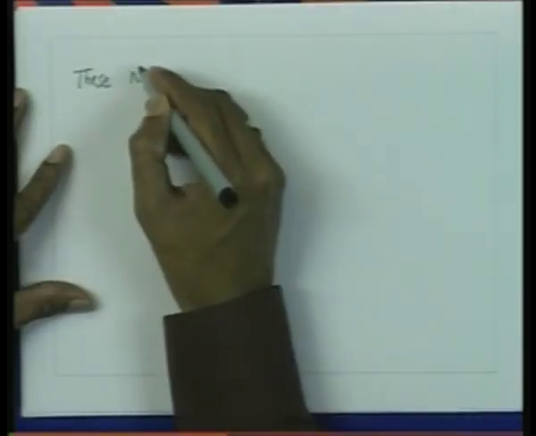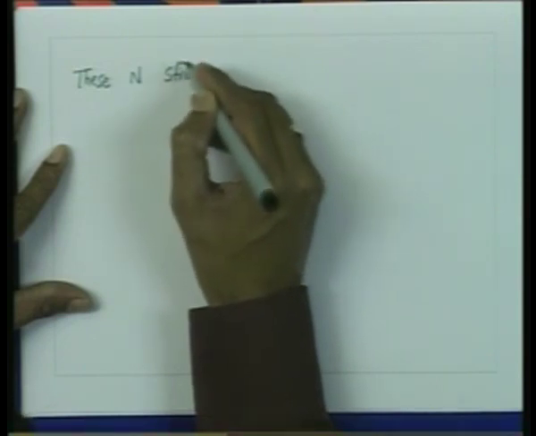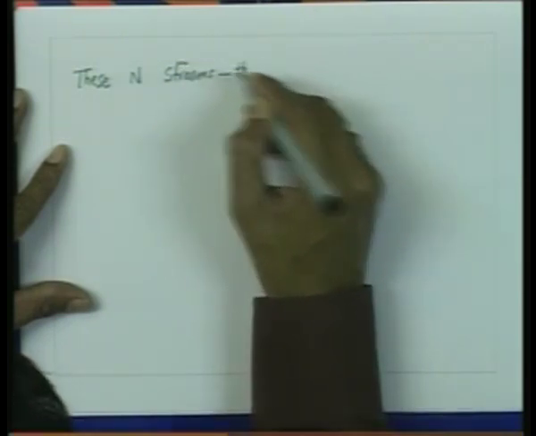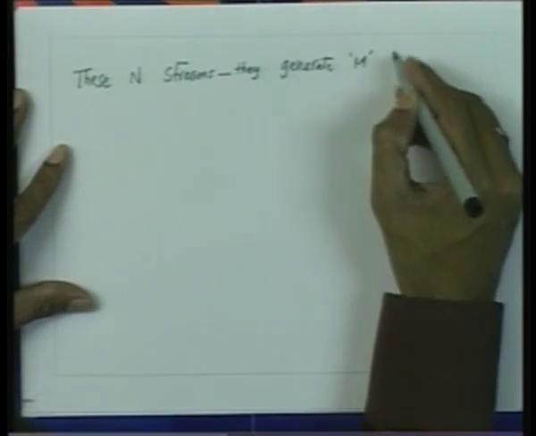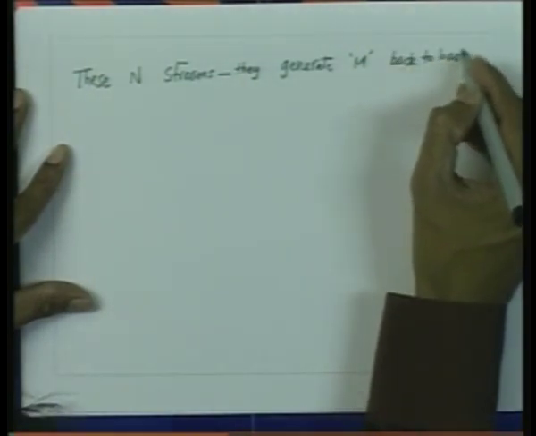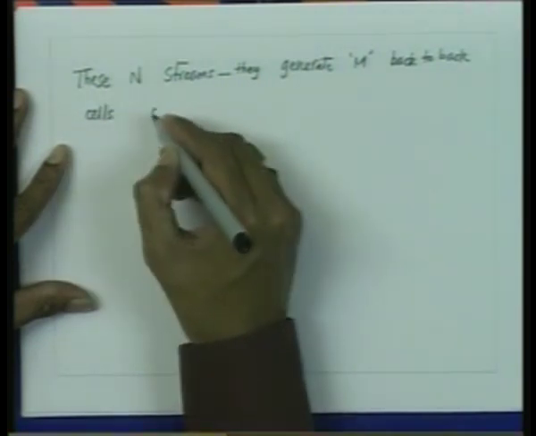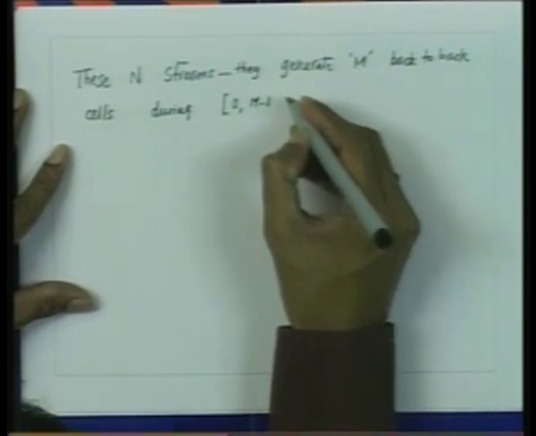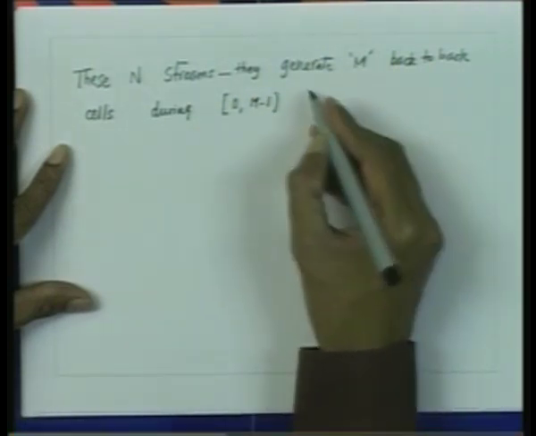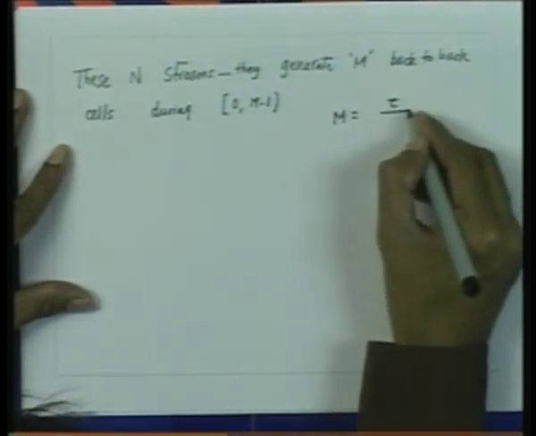So these n streams generate these m back to back cells during this interval of 0 to m minus 1, where m is of course given by tau upon t minus 1 plus 1.